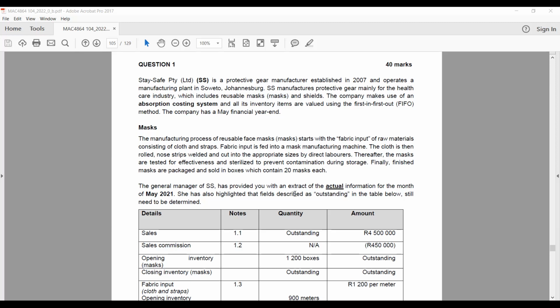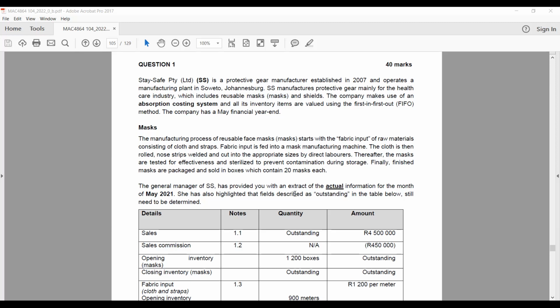Now, the question is which manufacturing overheads, because there are two types: variable manufacturing overheads and fixed manufacturing overheads. When you're using the absorption costing system, it will include both fixed and variable.